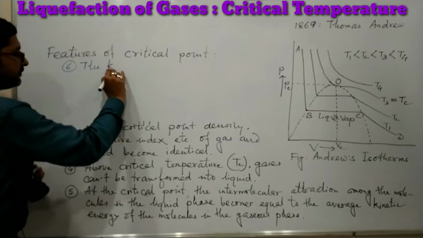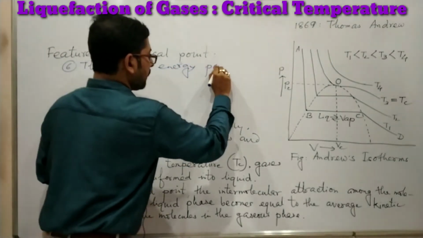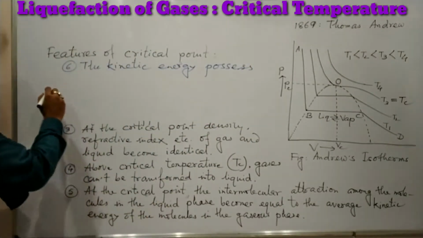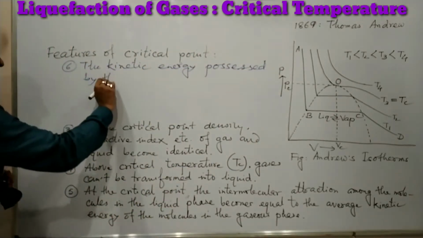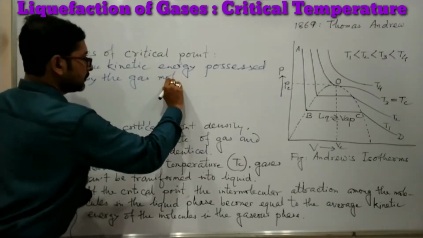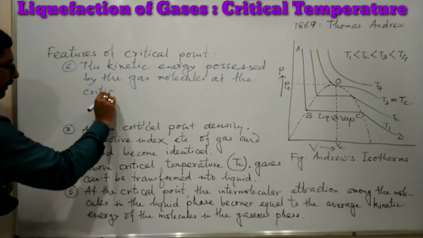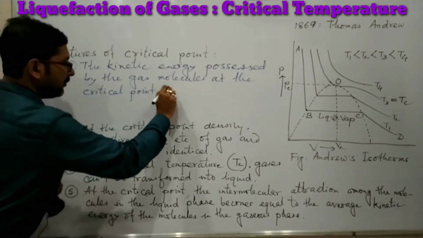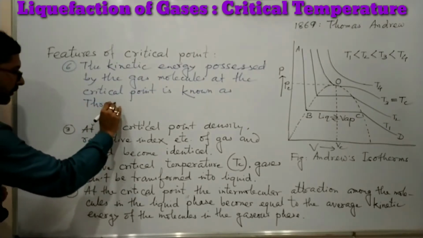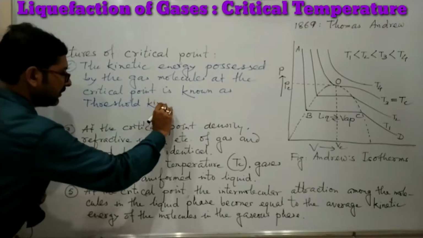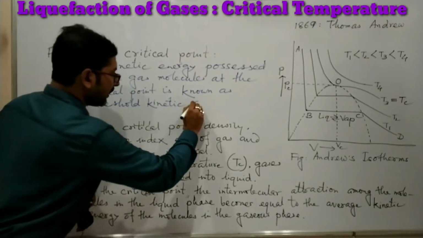The average kinetic energy possessed by the gas molecules at the critical point is known as threshold kinetic energy, which must be possessed by the gas molecules to exist in the gaseous phase.